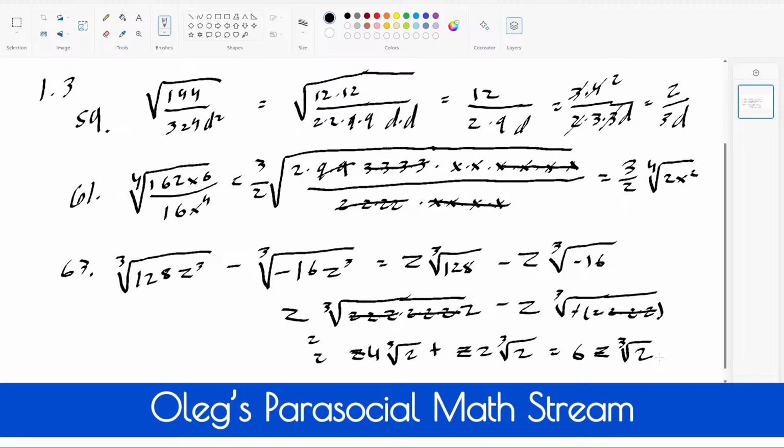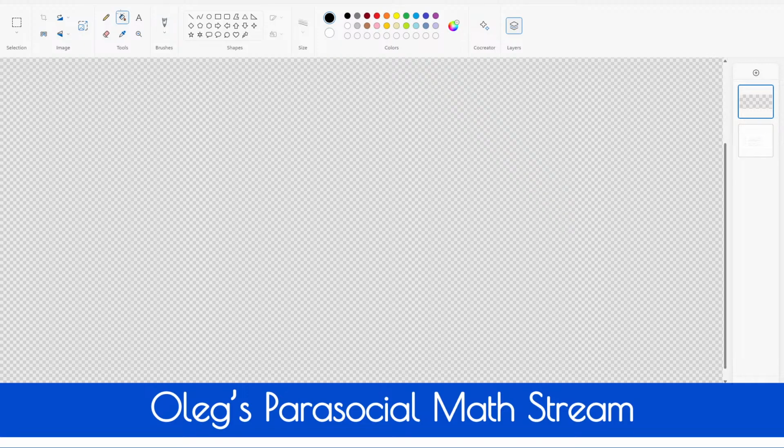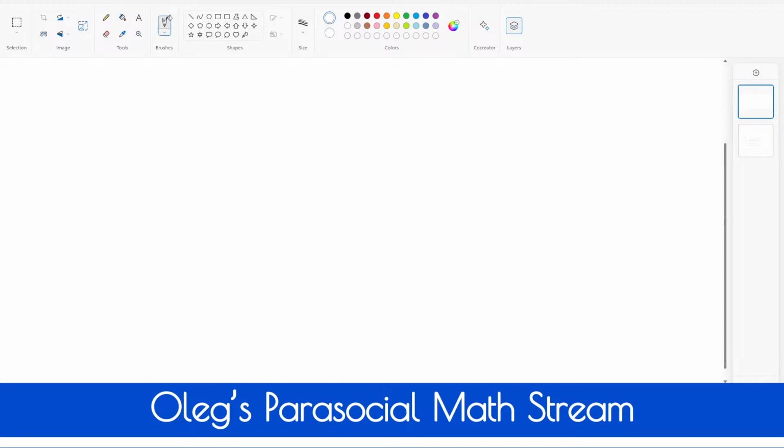And 63 is 6z cube root of 2. All right, yes. Okay, so far so good. Now, this is 1.3. Okay, so we got through 63. Now 65.